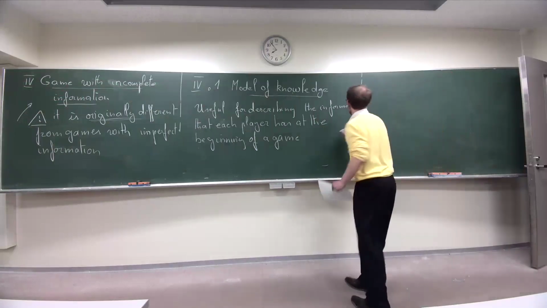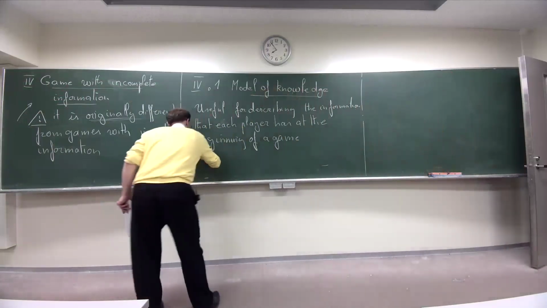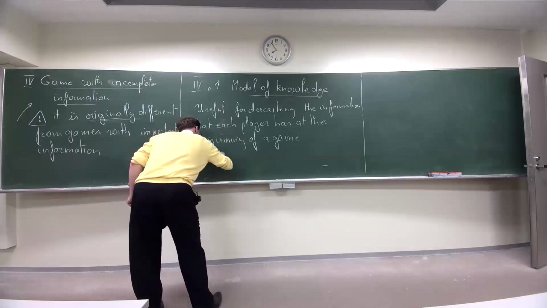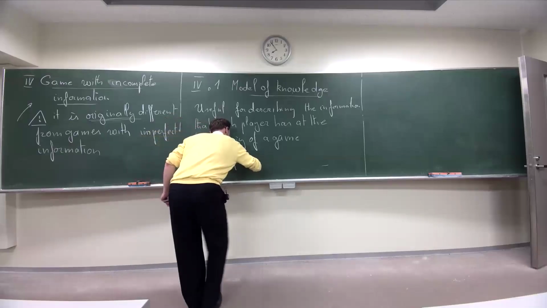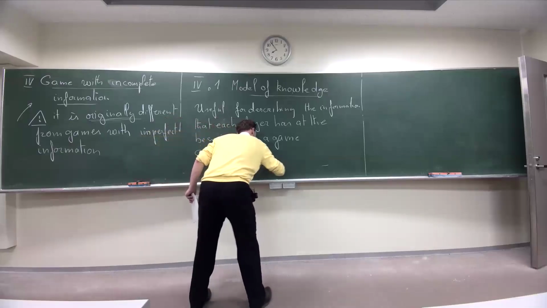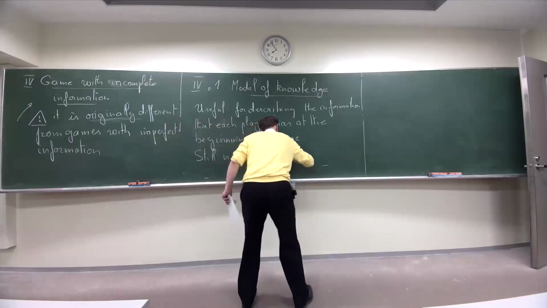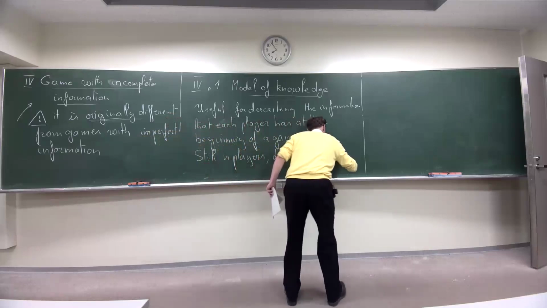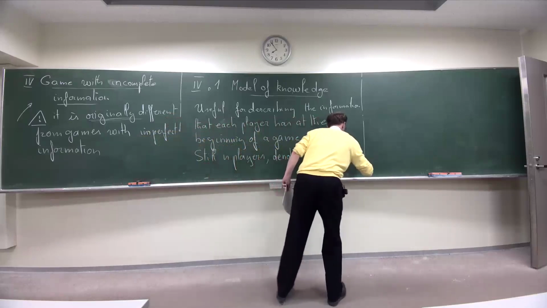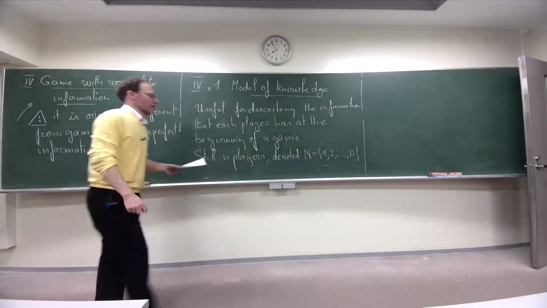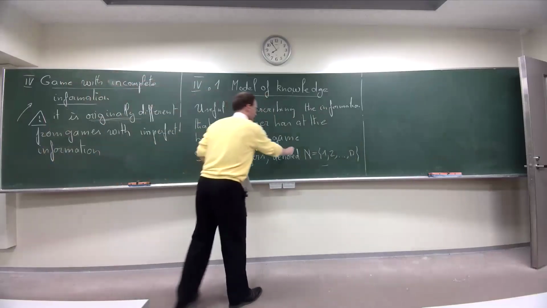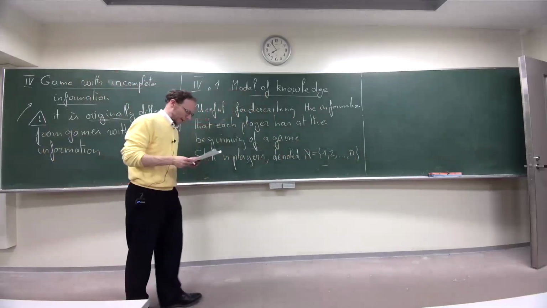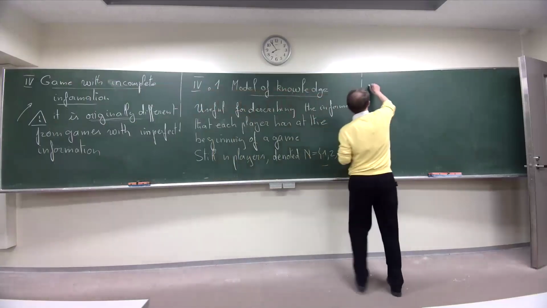I still denote by n players, and the players are denoted by capital N, which is the set 1, 2, up to n. So let me just write one definition.